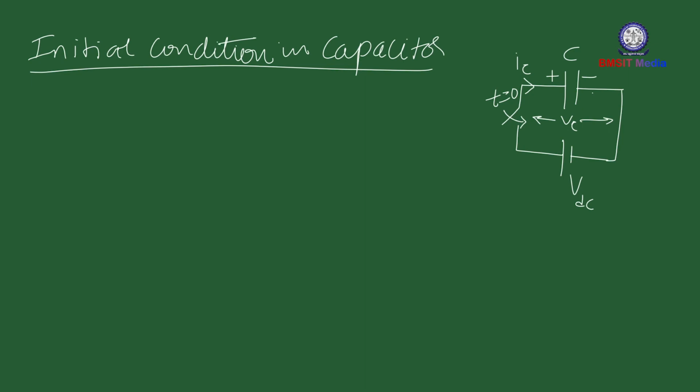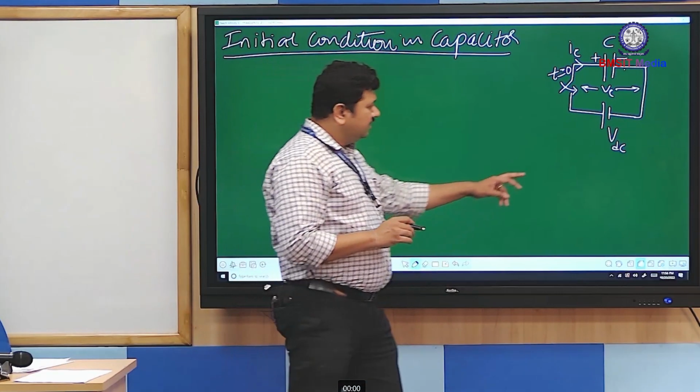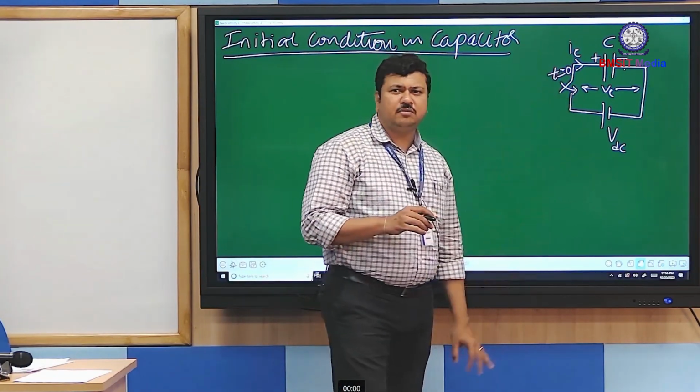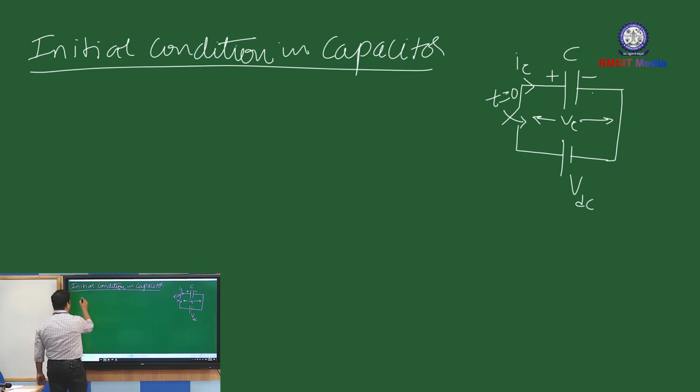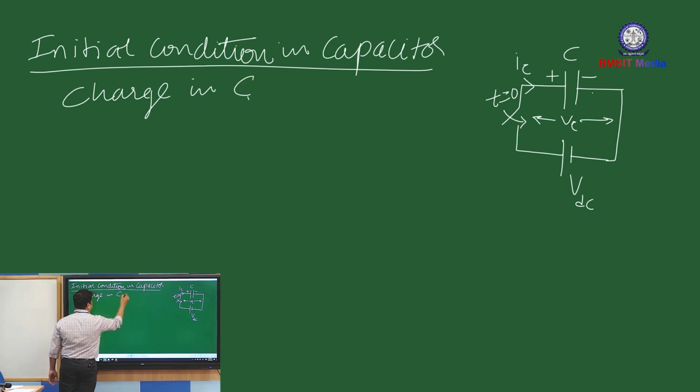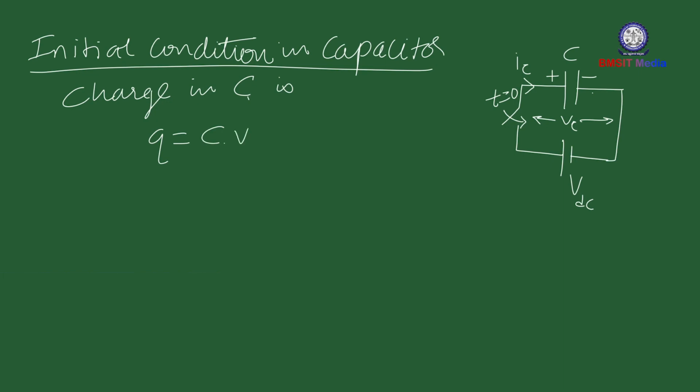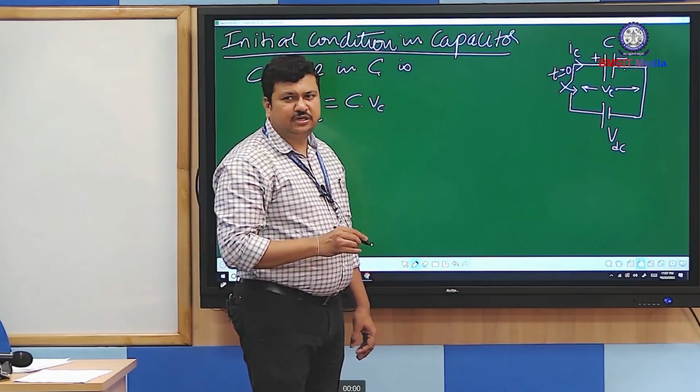Now, when I apply the voltage, some charge is accumulated across the capacitor. So that charge is given by Q equals C into V. Q equals C into Vc, the voltage across the capacitor.